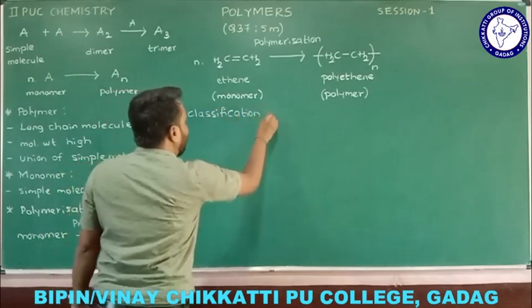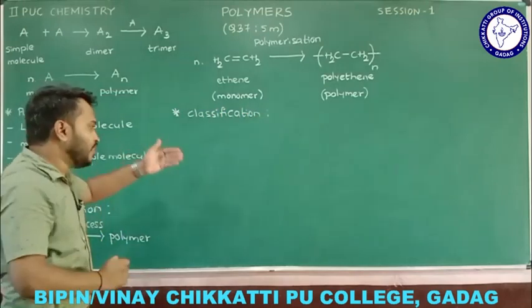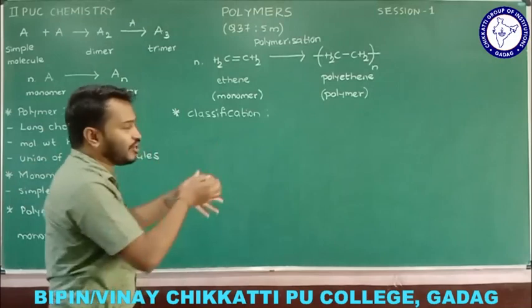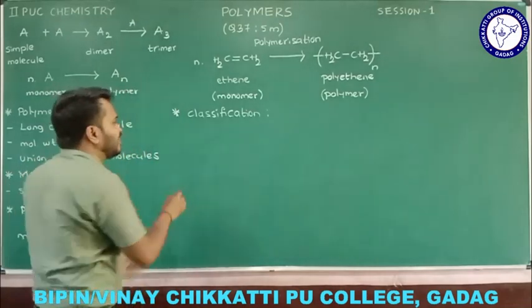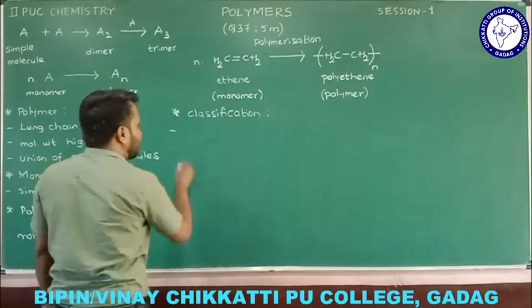classification of polymers. We don't classify as it is. We have a particular condition or particular criteria, from which we are going to classify the polymers. So first let me talk about what are the conditions from which the polymers are classified.